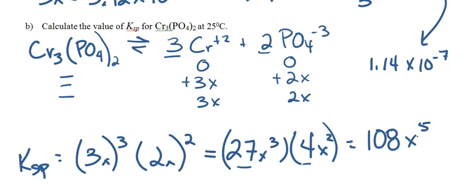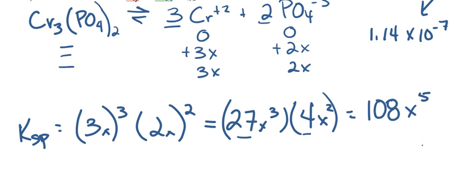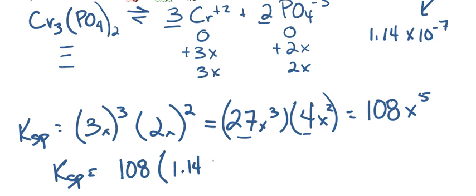So we have what x is equal to, and again, you don't have to do it this way, but this is one way. So KSP is 108 times 1.14 times 10 to the negative 7, to the 5th power. Again, order of operations: do this to the 5th power first, then multiply times 108.